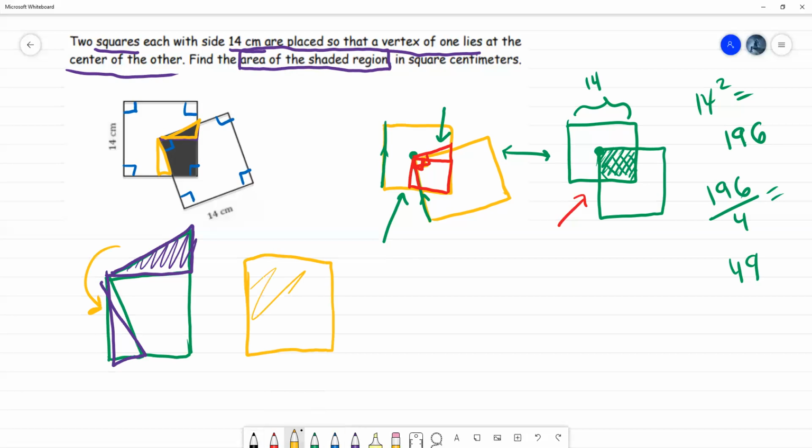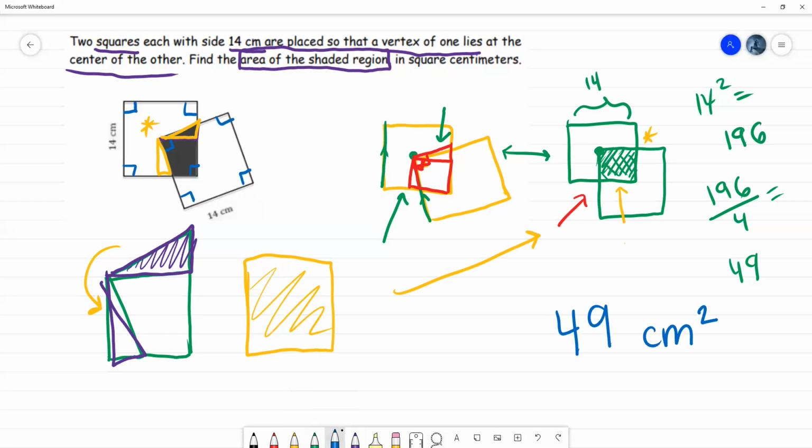And if you recall, over here we explained how to find the area of the shaded region if it was a square. And now that we know this shaded region right here is equivalent to this shaded region here, our final answer is 49 square centimeters.